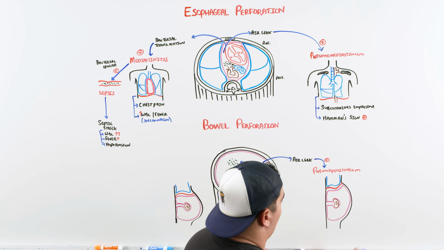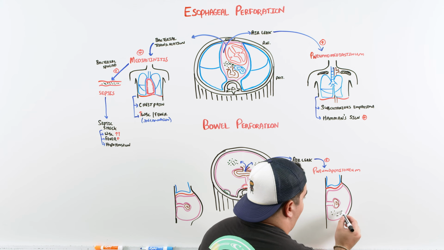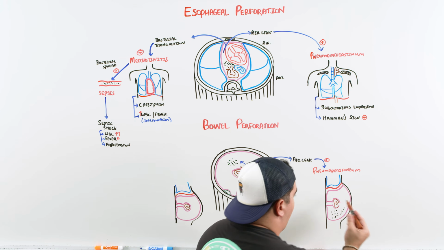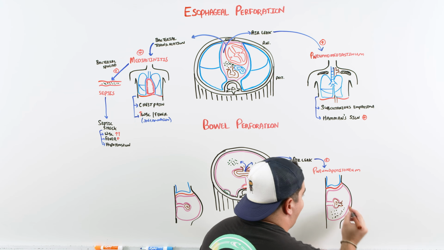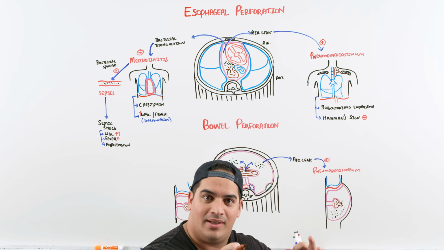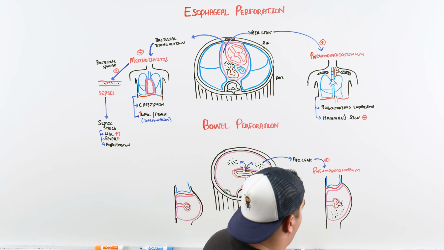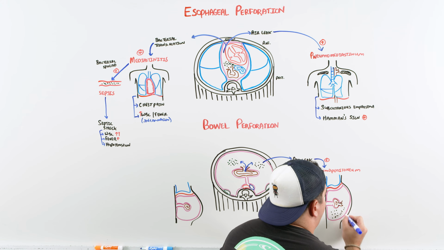But oftentimes when you leak, just think about it. I have all this air that's accumulating into the peritoneum. It's like gas, if you think about it. What's it going to do to the actual peritoneum? It's going to make it a little bit more high pressure. And so unfortunately, one of the findings is that they start to have a lot more distension.